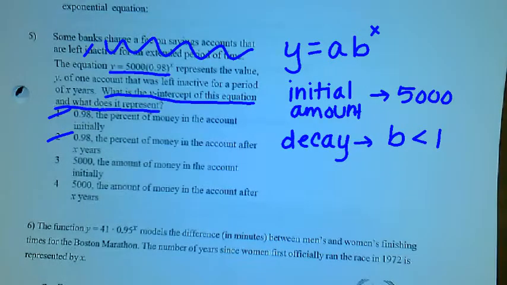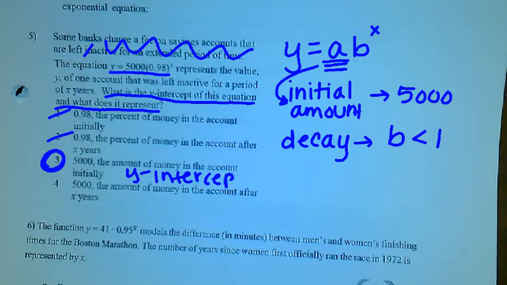Okay, sorry, I should start there. Remember, our y-intercept is a, and that's the initial amount. Okay, $5,000 is the amount of money in the account initially. Absolutely. That is the answer. Again, this is the y-intercept, which is a.